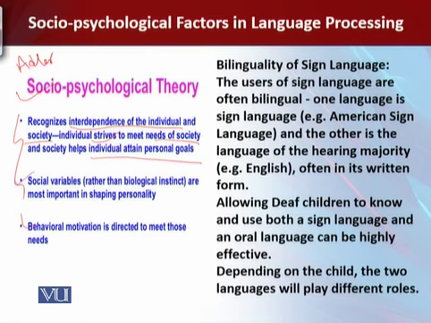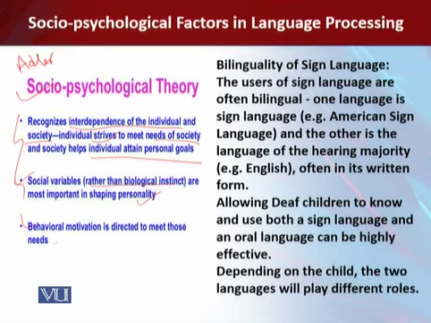Then the second says that social variables, not biological instincts, are more important in shaping personality. So social variables, as we said, are the family, your society, the norms, your religion, the economic status, and all that.